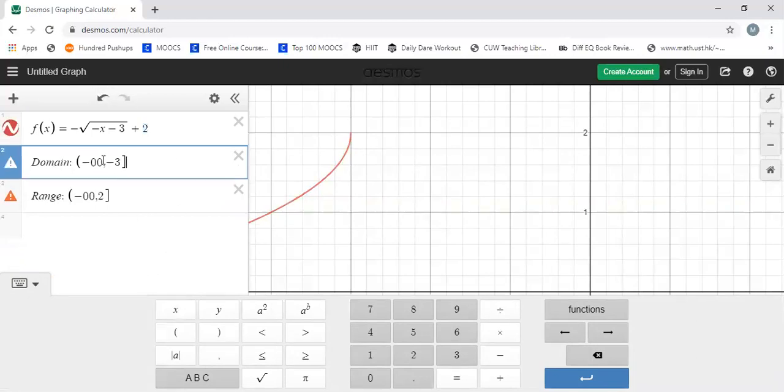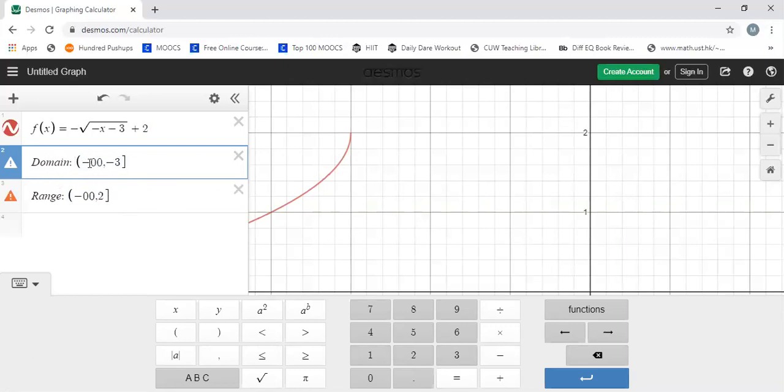Again, for most of the problems, you are going to be writing them in this form, where an open parenthesis means you're not going to include it. For today, that's any time that there's an infinity or a negative infinity, you're going to use an open parenthesis. That's not generally going to work, but for today's, that's going to work.